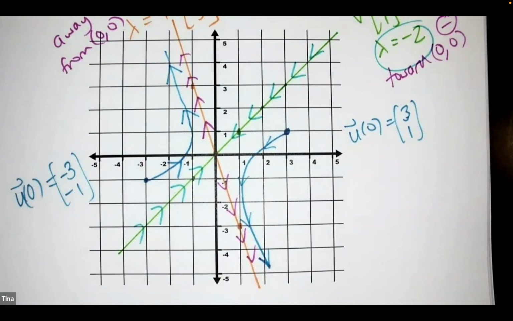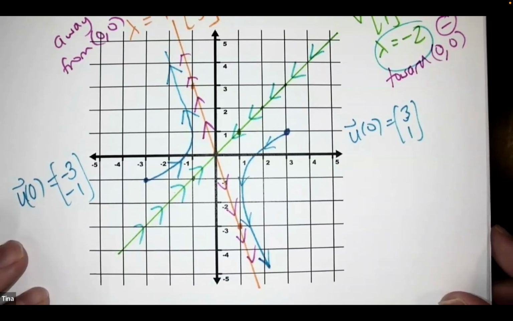Okay, so that's basically it. And for complex eigenvalues, it's just going to be like a spiral.